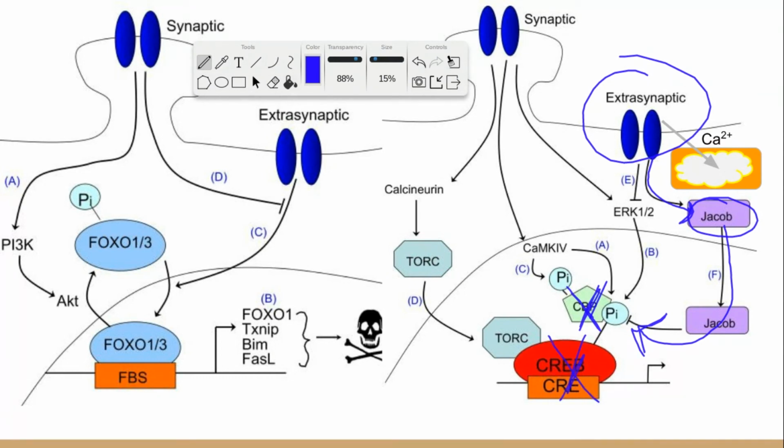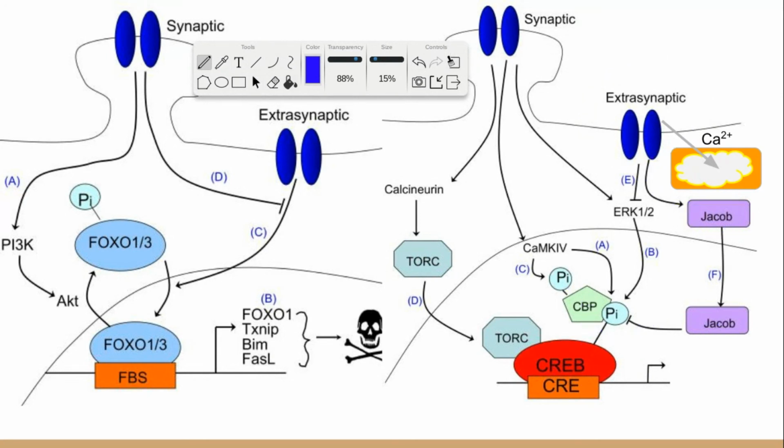Extrasynaptic NMDARs also activate DAPK, death-associated protein kinase, and they also activate FOXO3A, a pro-apoptotic transcription factor. So when it's activated by these extrasynaptic NMDARs, you see cytotoxic gene transcription, like BIM, FASL, FOXO1.